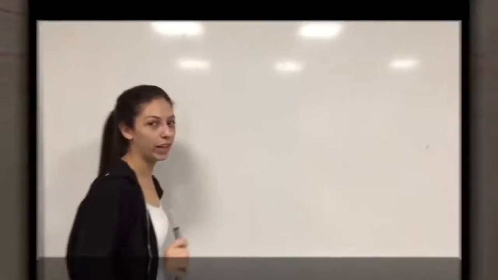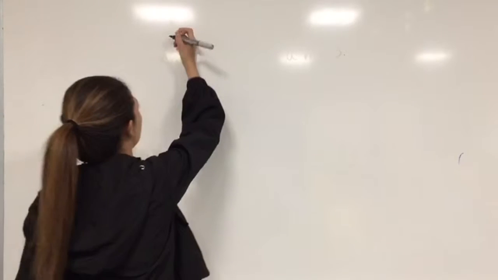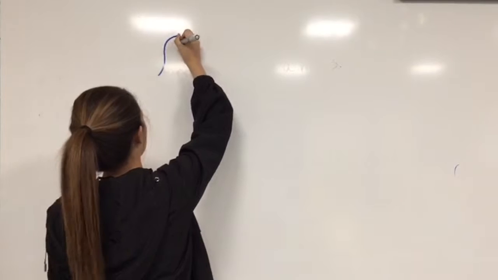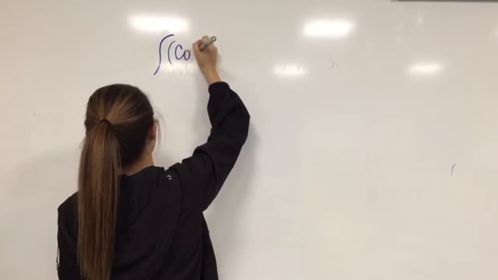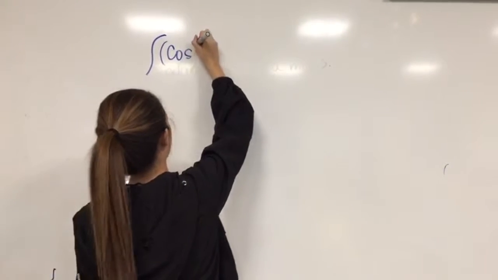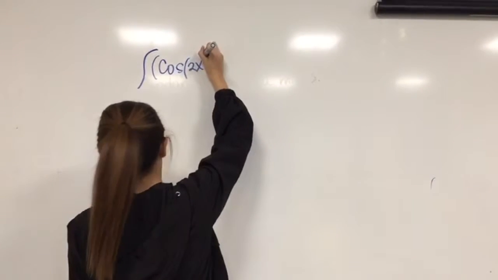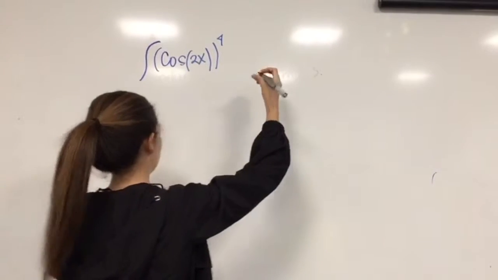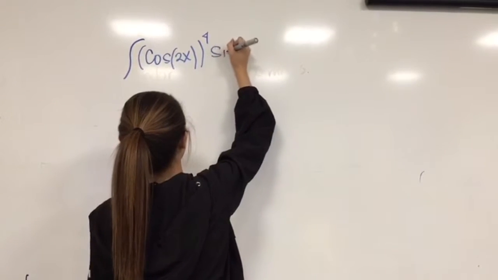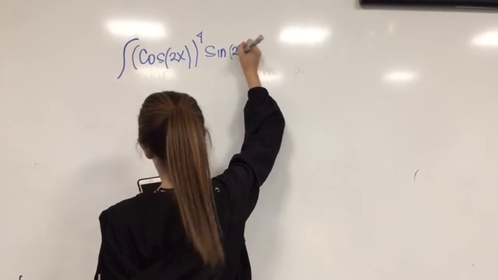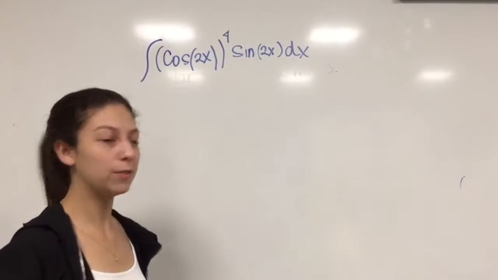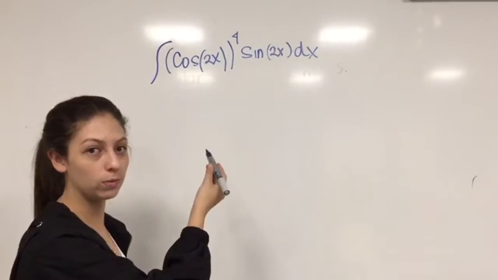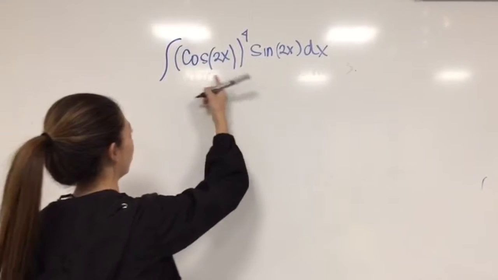Okay, first we have this problem that says the integral of parentheses cosine of 2x, parentheses all to the 4th power, sine 2x. Since the derivative of cosine is sine, our u will be cosine of 2x.